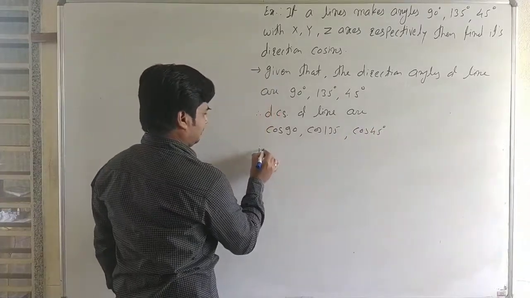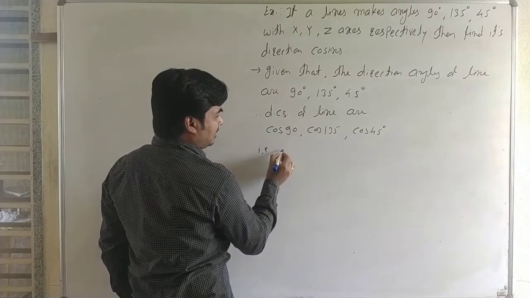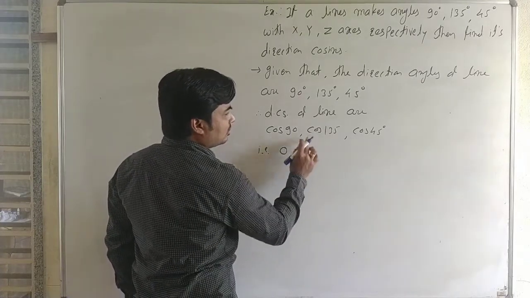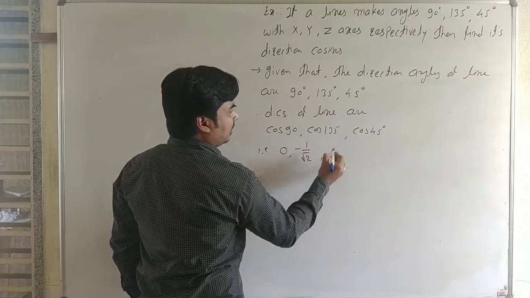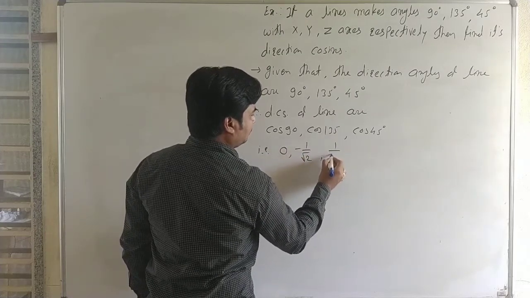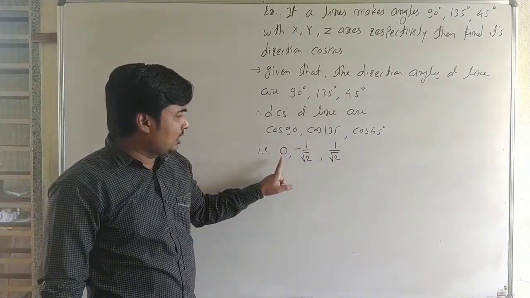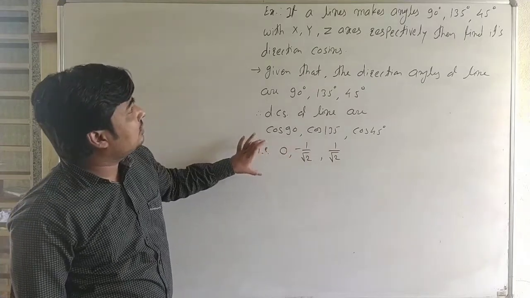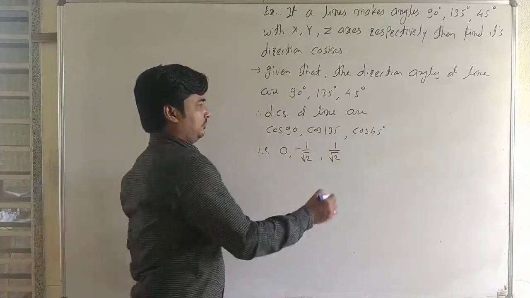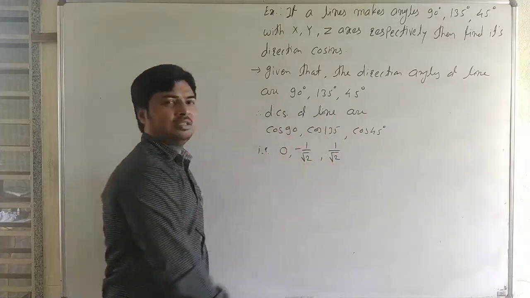Cos 90 is 0, cos 135 is minus 1 by root 2 and cos 45 is 1 by root 2. Here 0, minus 1 by root 2 and 1 by root 2 are the direction cosines of the line.